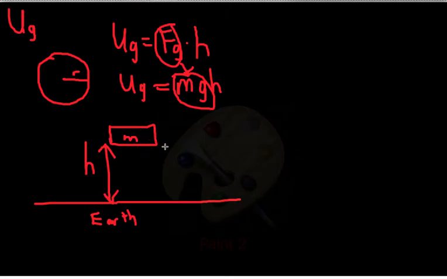Now, in order to be able to predict the motion of an object, we have to apply the idea of gravitational potential energy as something that can be used to produce a force and velocity. This requires a transfer of potential energy into kinetic energy.